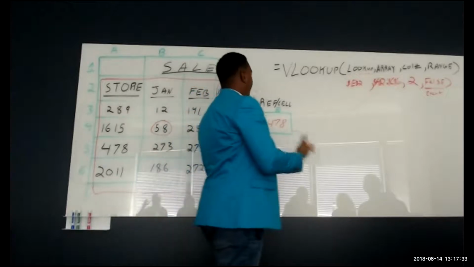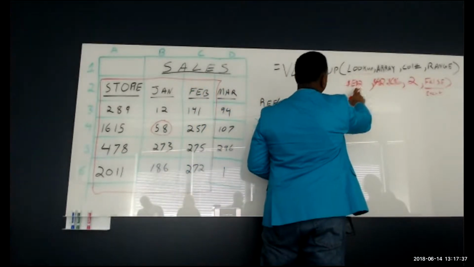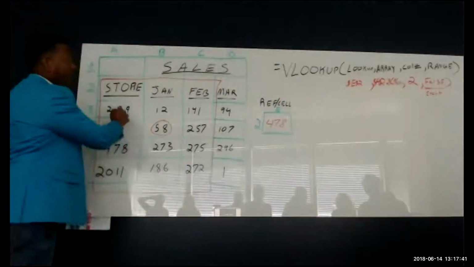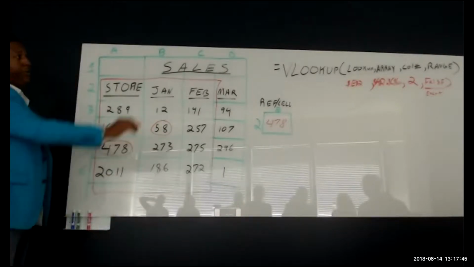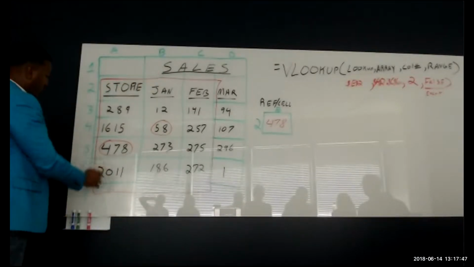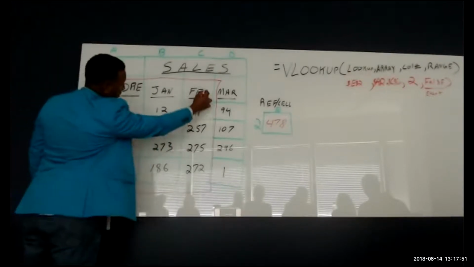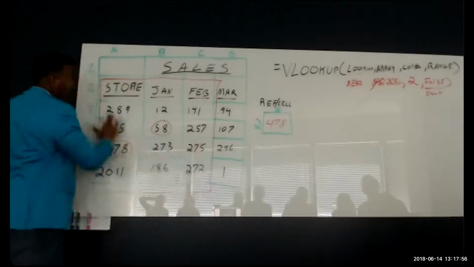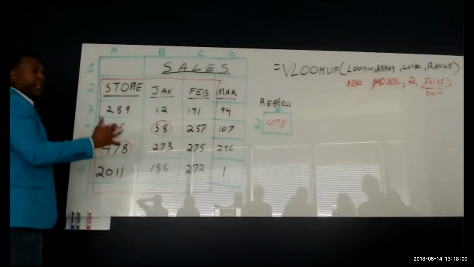So Excel is going to say, okay, I'm going to look up whatever is in cell E2. That's 478. So it's going to find 478. And then it's going to look within this array of A2 to C6 and say, all right, I can't go outside these boundaries. I have to stay within this boundary to give me the answer.